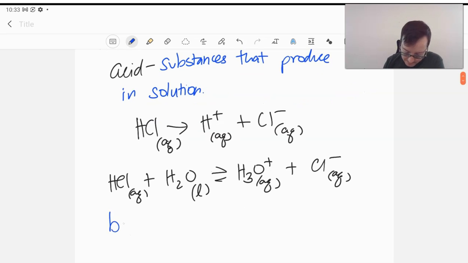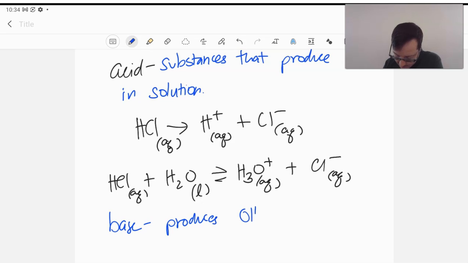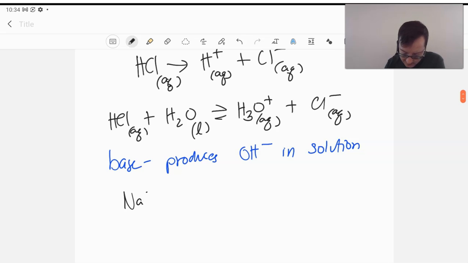By contrast, a base is the same thing, but it produces OH minus in solution. And so we have one of our favorite bases, NaOH, sodium hydroxide. When that dissolves in water, well, this is dissociated right now.